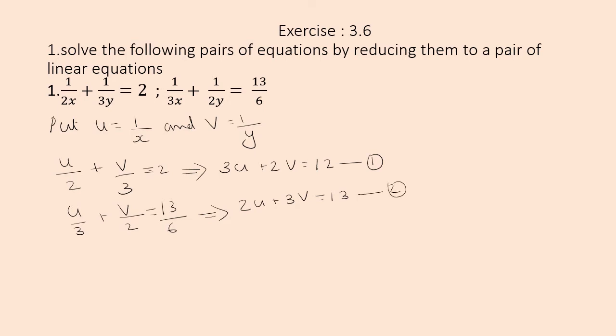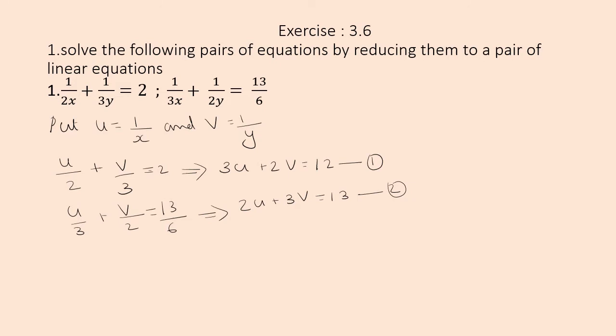Number the equation as 2. Now you have two equations with variables u and v, in the standard form of a pair of equations. Now we have to solve these equations using any of the algebraic methods.